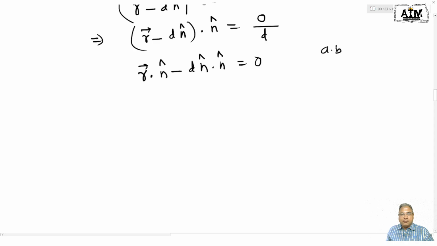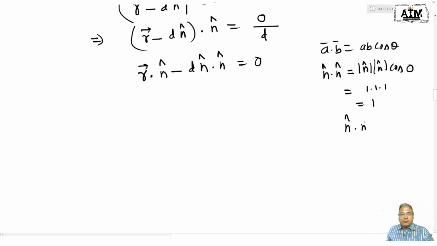We know that A dot B equals AB cos theta. So n cap dot n cap equals the magnitude of n cap multiplied by the magnitude of n cap, and the angle between parallel vectors equals 0. Therefore, n cap dot n cap equals 1.